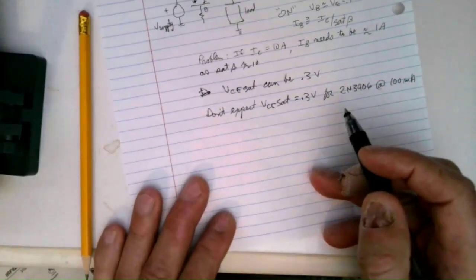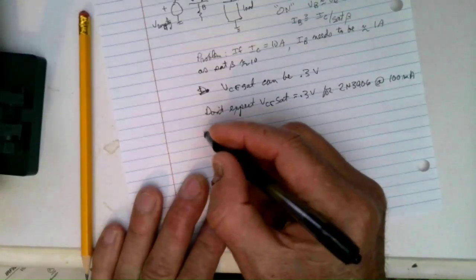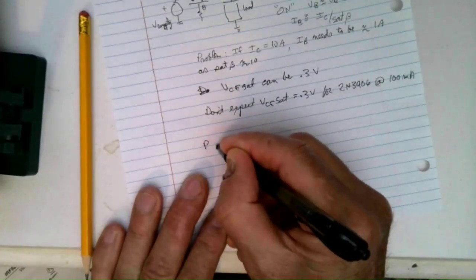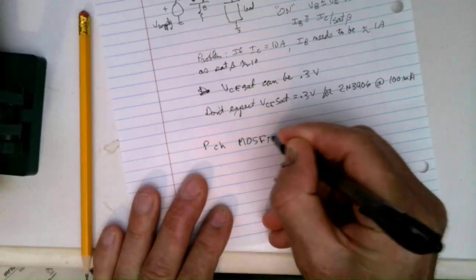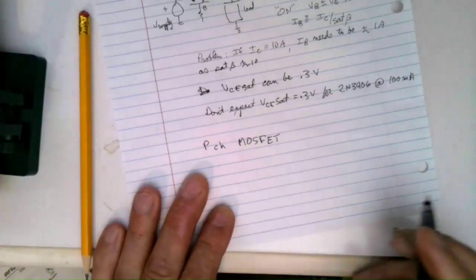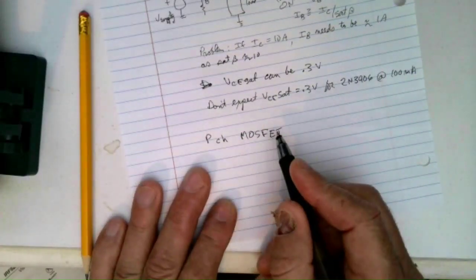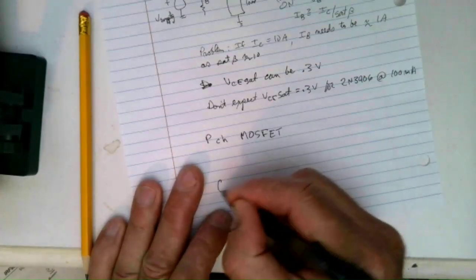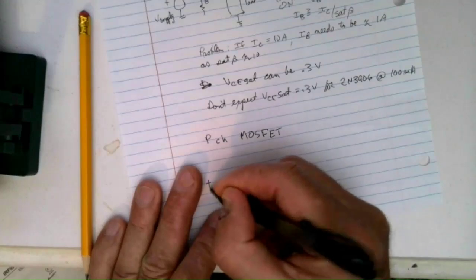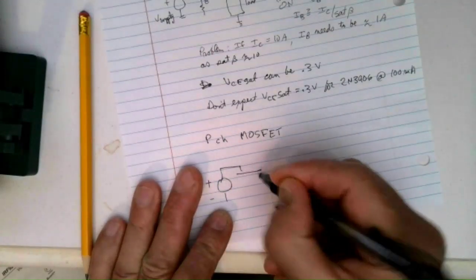Now, what's the next alternative? The P channel MOSFET. I think I might choose this. And here's the architecture. Again, you have your supply. You have your FET.